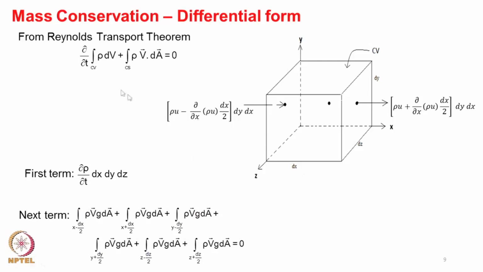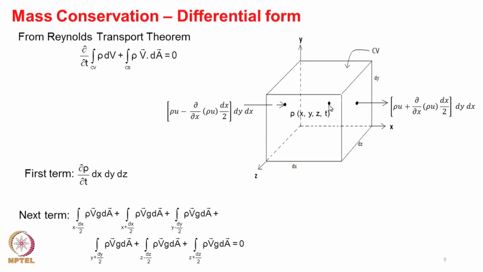Now, consider the second term in this equation. As I mentioned, consider ρ at the center of this volume, x y z. From the center, if you go to the left in the x direction, it becomes minus dx by 2.